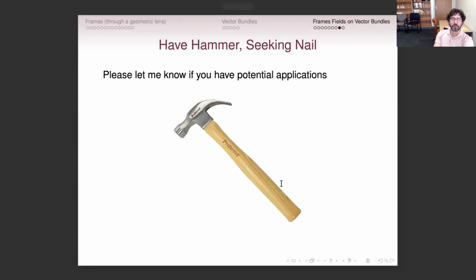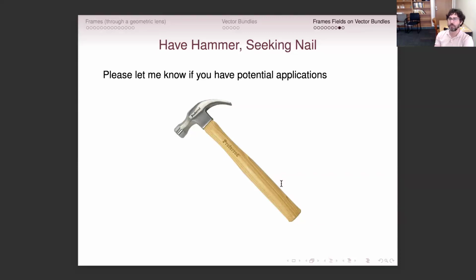And so I'll close with this: I feel like this technology of vector bundles seems like a useful hammer, and I'm a more pure mathematician, so I don't know a whole lot about applications.